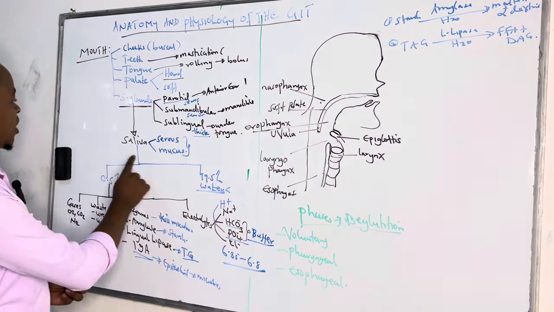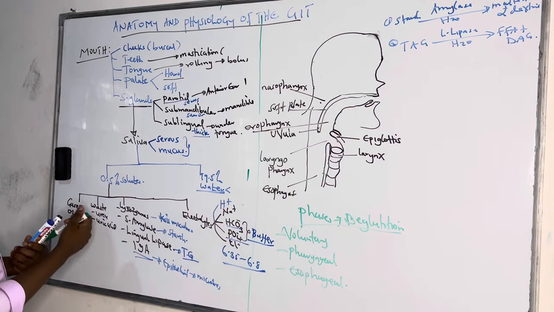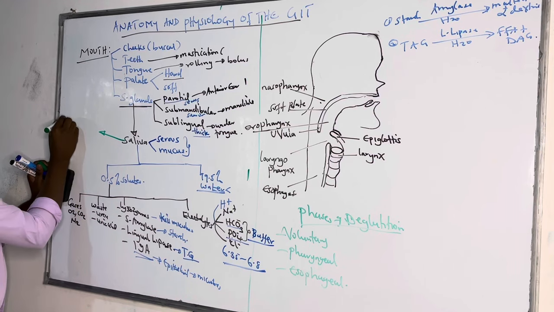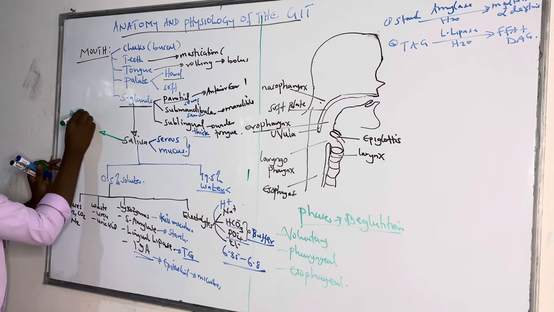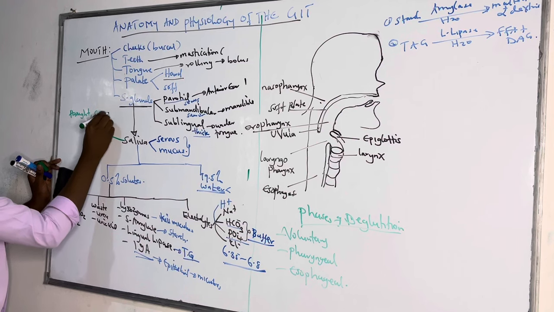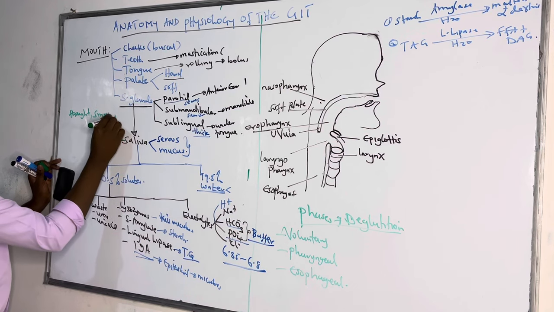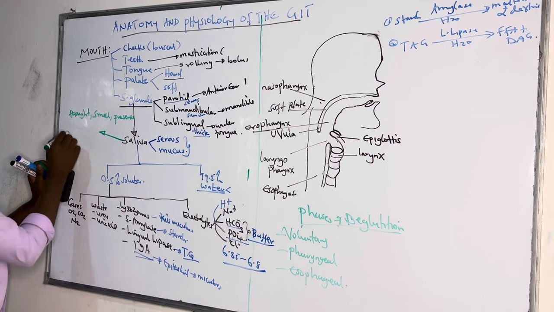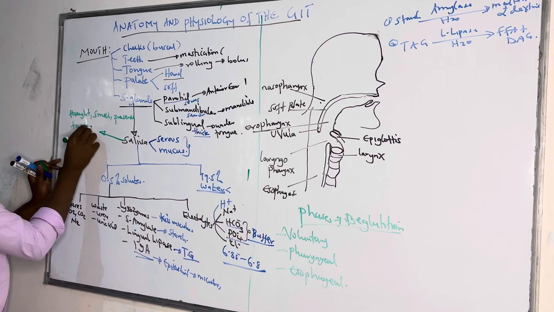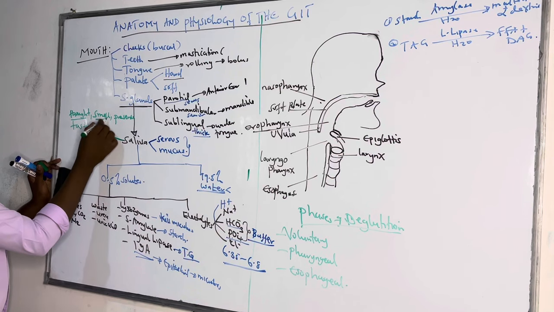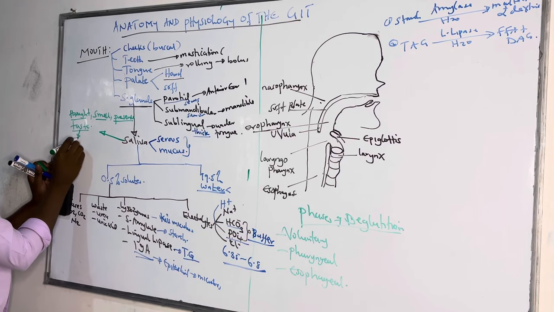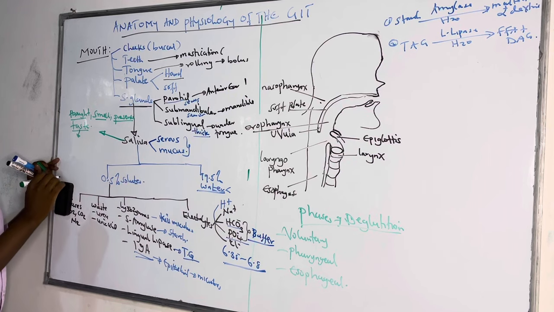What triggers the production of saliva during the cephalic phase is thought. When you think about food, smell food, when the food has reached the mouth, and even the taste, it triggers the medulla to release its impulses via the parasympathetic nervous system.